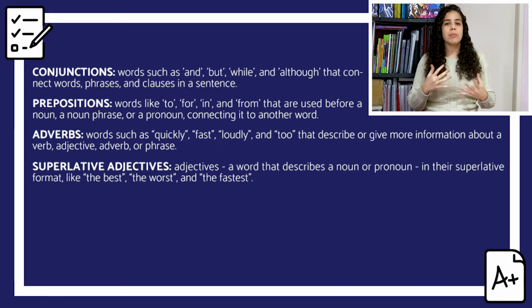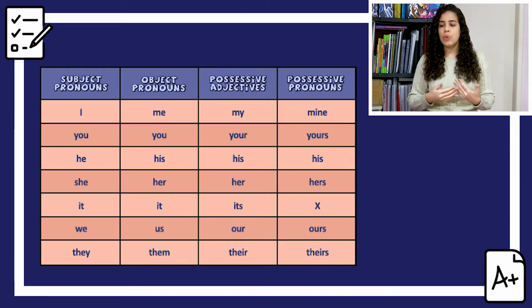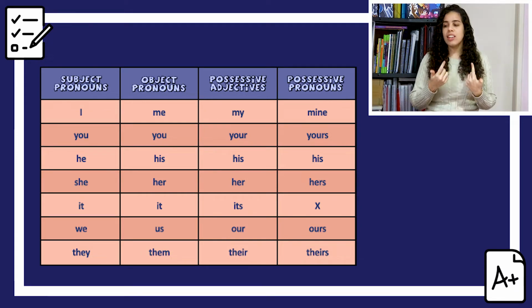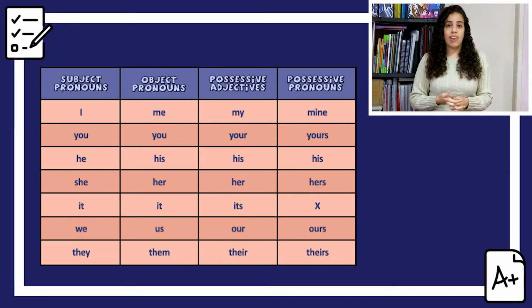Keep in mind that subject pronouns are I, you, he, she, it, we, you, they. Object pronouns are me, you, his, her, it, us, you, them. Possessive adjectives are my, your, his, her, its, our, their. And possessive pronouns are mine, yours, his, hers, ours, yours, and theirs.